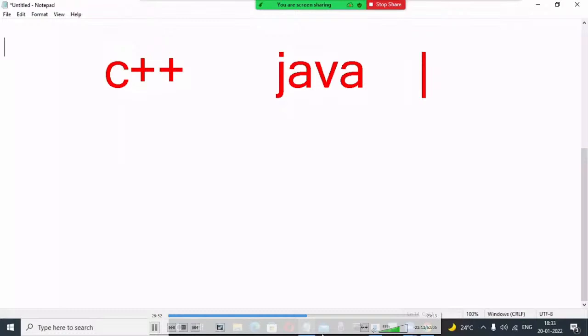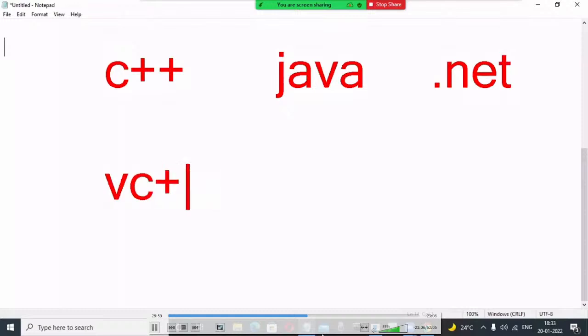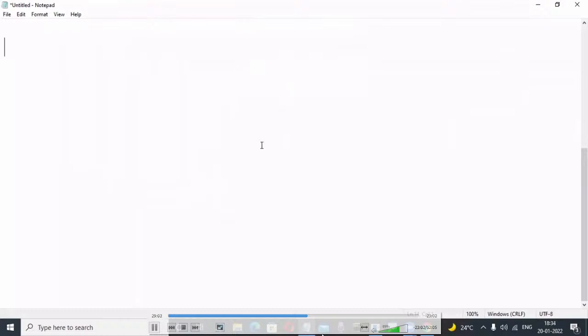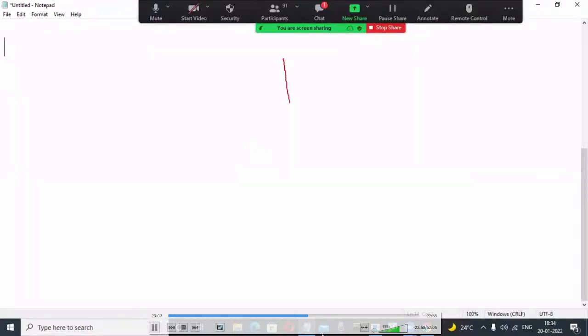C# .NET is an object-oriented language. VC++ is an object-oriented language. That's why there are so many object-oriented languages. Suppose I take two languages as an example. Through that, the same concepts are there, and through similar concepts we are observing whether these SQLs are different or the same.